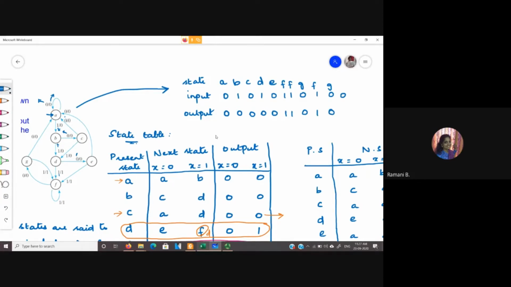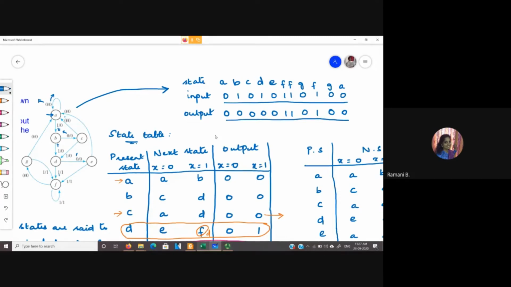Now from state G, if the input is 0, I go to state A and the output is 0. So based on what I get as input, this will be followed. For this particular input sequence, this is my output.